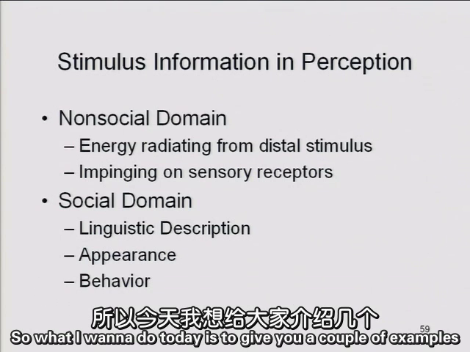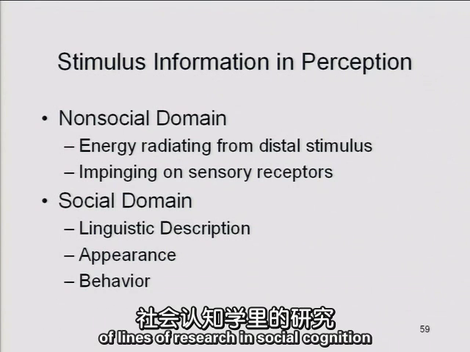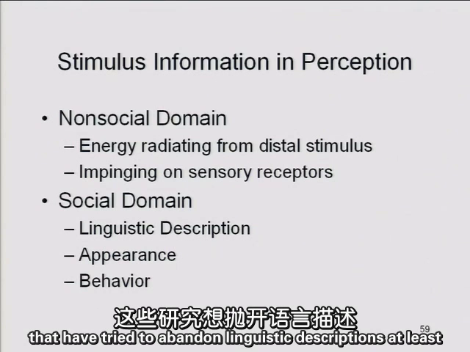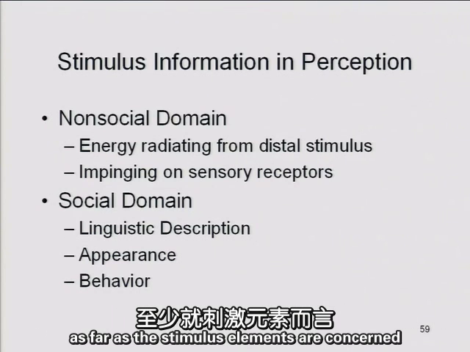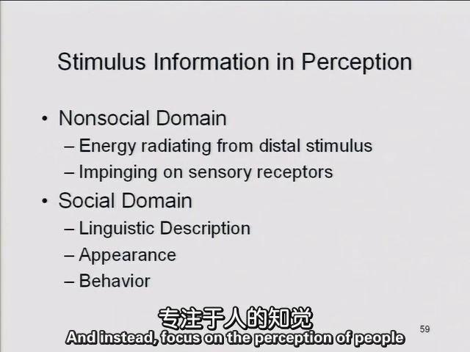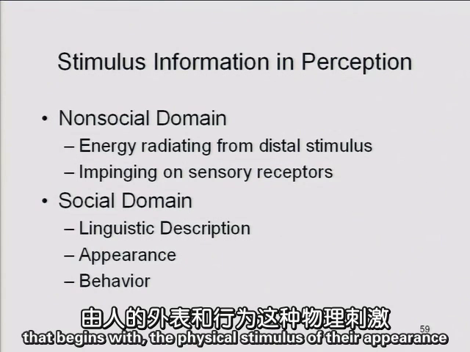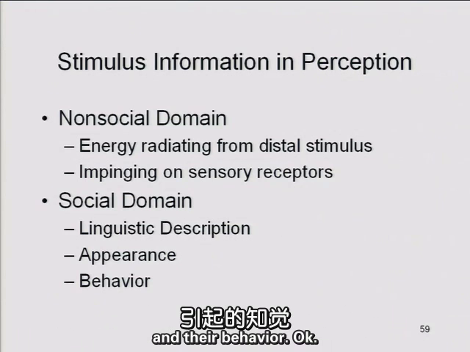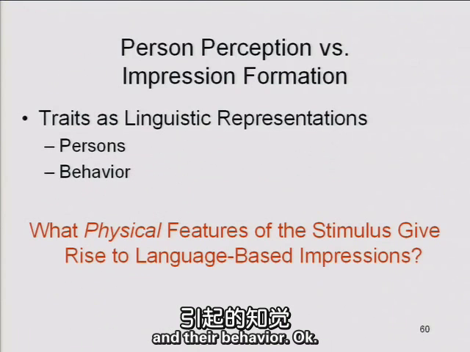So what I want to do today is to give you a couple of examples of lines of research in social cognition that have tried to abandon linguistic descriptions, at least as far as the stimulus elements are concerned, and instead focus on the perception of people that begins with the physical stimulus of their appearance and their behavior. Okay?